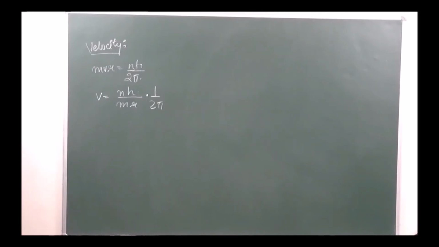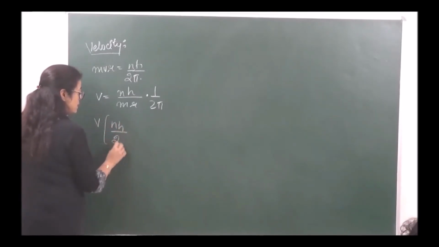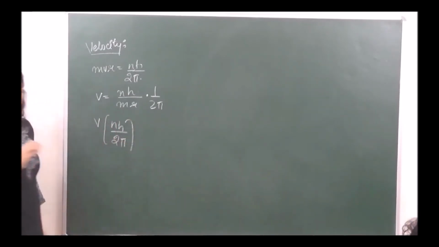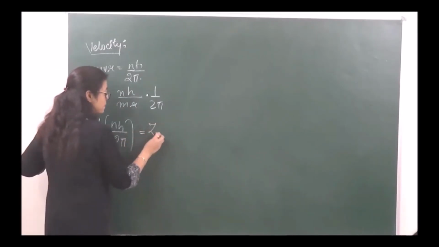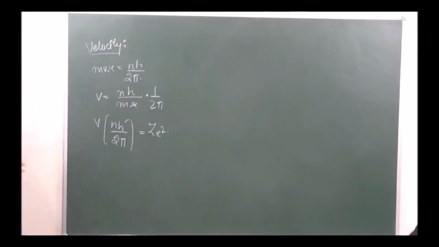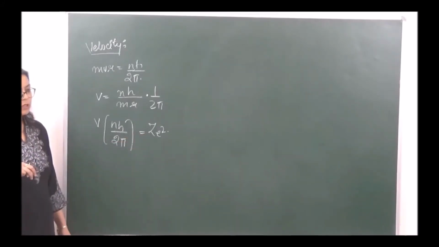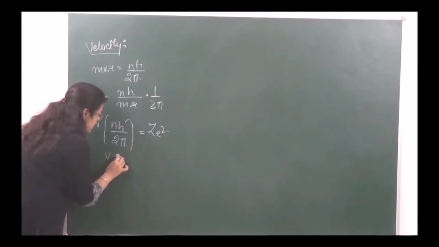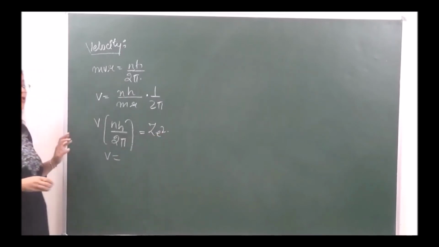Basically when this is calculated, we get another formula for velocity, that is velocity into nh upon 2 pi equal to ze square, where Z is the atomic number and e is the charge of the electron. h is a constant, 2 pi is a constant, and e square is also a constant.